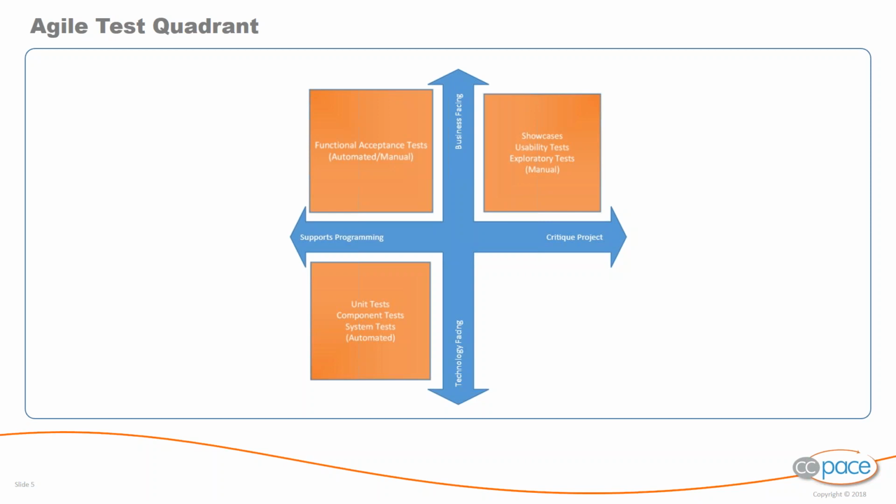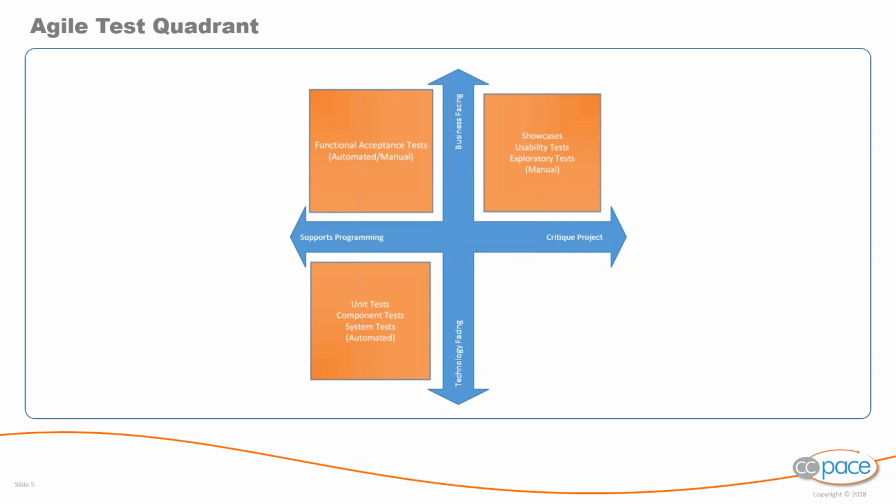The third quadrant, the one that is business-facing and critiquing the project, is what the testers on a Scrum team could mostly focus on, given a comprehensive set of tests from the first two quadrants. And this is where manual testing fits in within Agile.